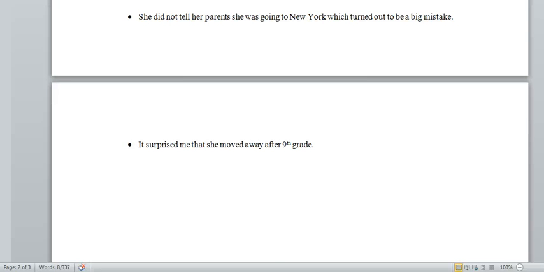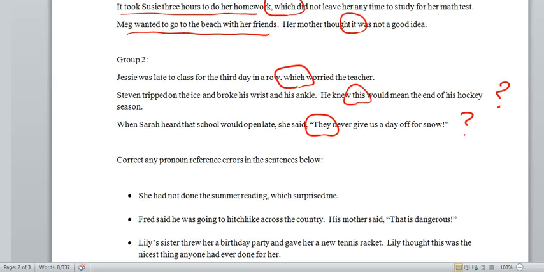Let me just say one more thing, that when you have a vague pronoun, the simplest solution is to eliminate the pronoun and replace it with a phrase where the meaning is obvious. In the sentence with Jessie, an easy correction could be, the teacher was worried when Jessie came late 3 days in a row.